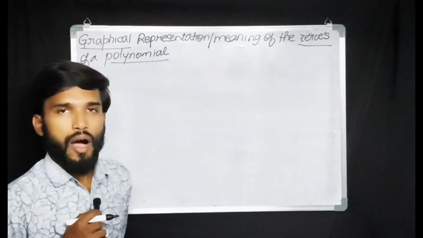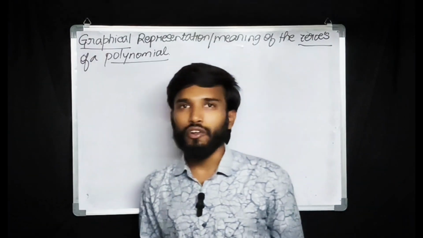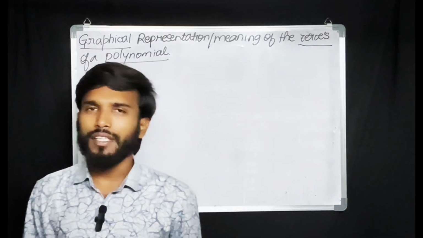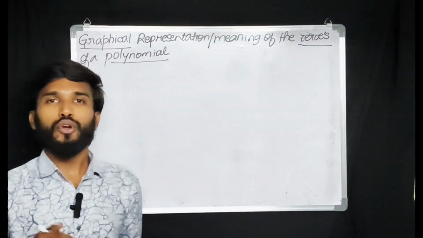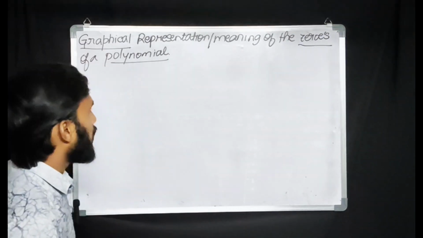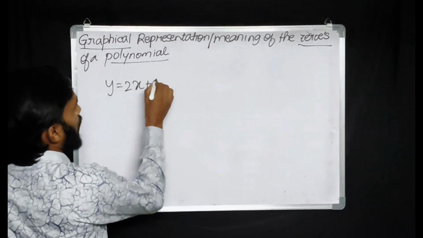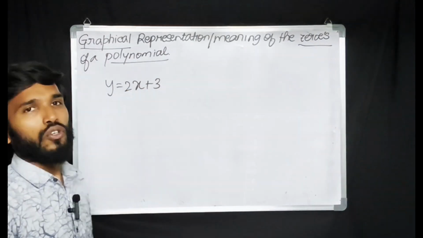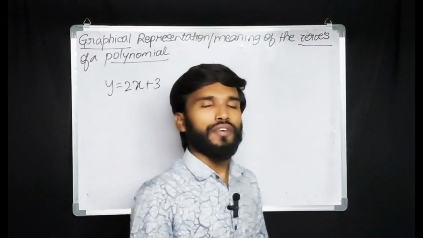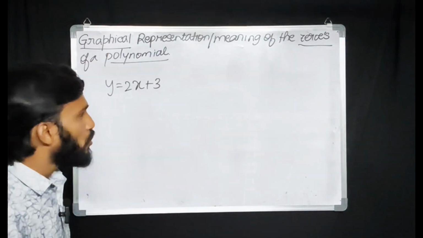We know how to find the zeros of a polynomial, whether it is a linear, a cubic, or a quadratic polynomial. How do we find that? For example, take a linear polynomial y = 2x + 3. To find the zeros of any polynomial, we simply equate that polynomial to 0.